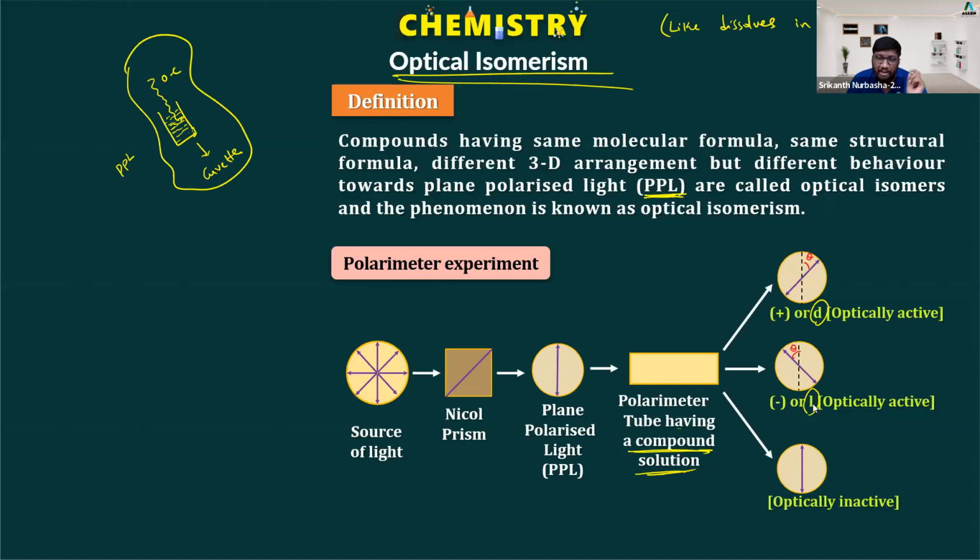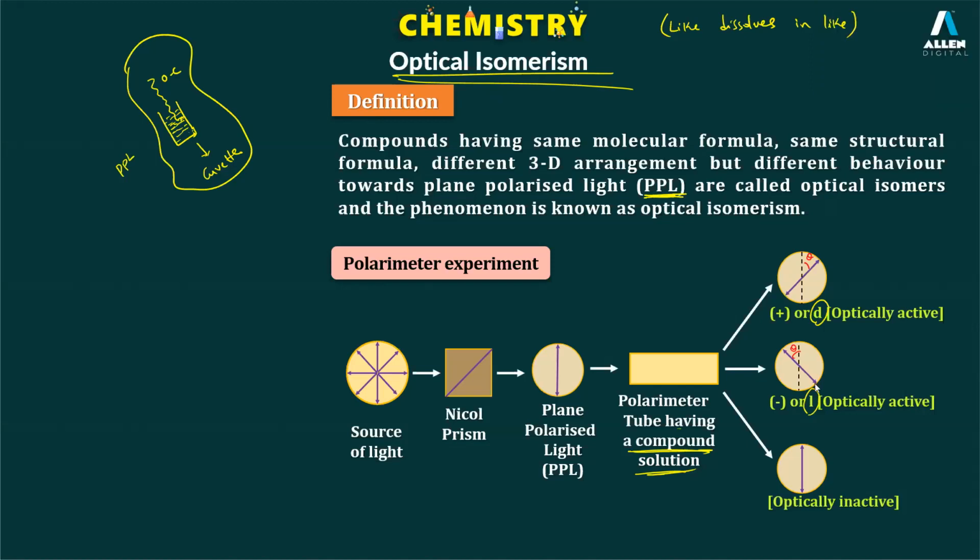We'll be looking at capital D and capital L configurations also. Small d, small l indicate the optical rotation direction, clockwise or anti-clockwise. Capital D, capital L have a completely different meaning. Small d, small l: optical activity. Capital D, capital L: configurations of that particular molecule. Is that clear, students? Definition?